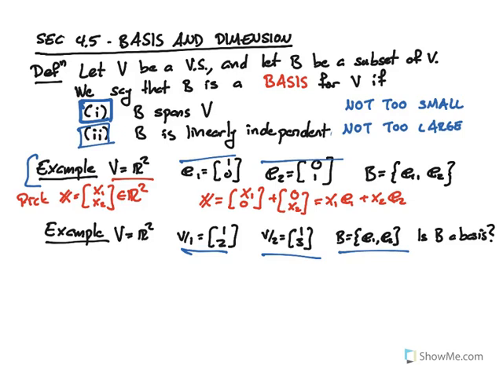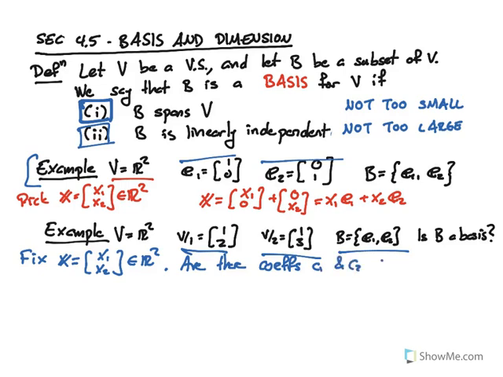So how do we verify this? What do we need to consider? Again, we start the same. You fix some general vector x in R2, and then the question is, are there coefficients such that x is equal to C1 V1 plus C2 V2?